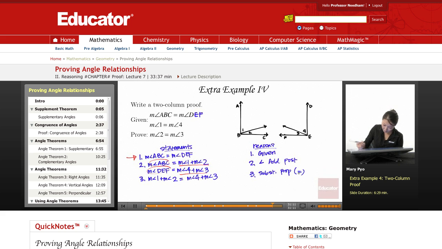I can write equality. And then again, measure of angle 1 and measure of angle 4 are equal to each other, so I can just replace one of them with the other. So I just replace this with measure of angle 4.